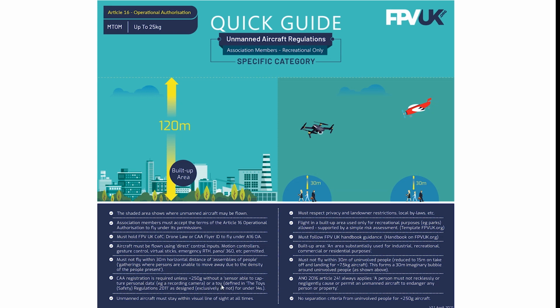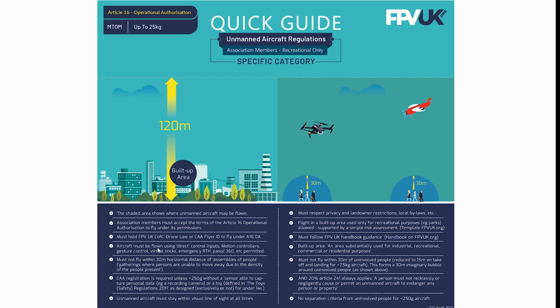The same is true if it's a toy, and a toy is defined as exclusively or not designed for under 14s. So if it's a toy that was designed for under 14s, even if you're an adult flying it, then you don't have to register it with the CAA. You don't have to register yourself with the CAA, rather, as an operator.